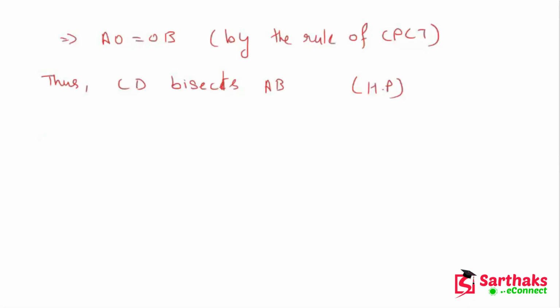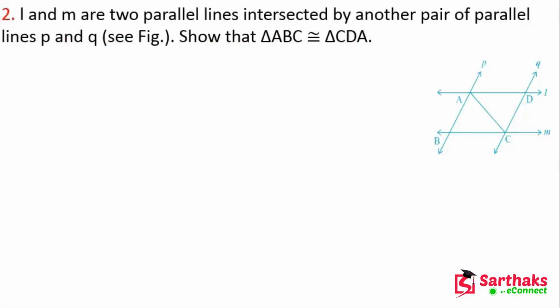So now let's move on to the next question. L and M are two parallel lines intersected by another pair of parallel lines P and Q. We have to prove triangle ABC is congruent to triangle CDA.